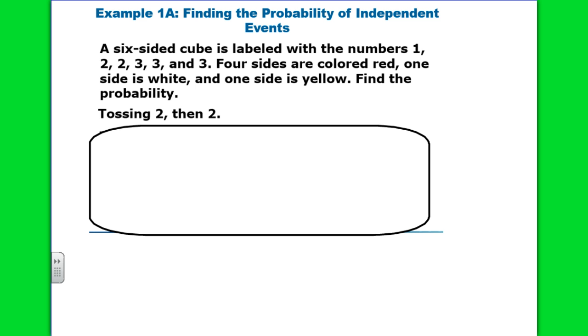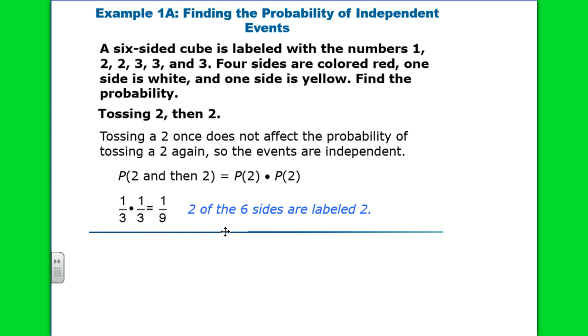If I just take the die and roll it, what is the probability of tossing a 2? 2 out of the 6, or 1/3, right? And then what would the probability be of rolling a second 2? Same thing. So when we bring it together, what is your probability? 1/9. Good. So 1/9. We're multiplying those two probabilities.